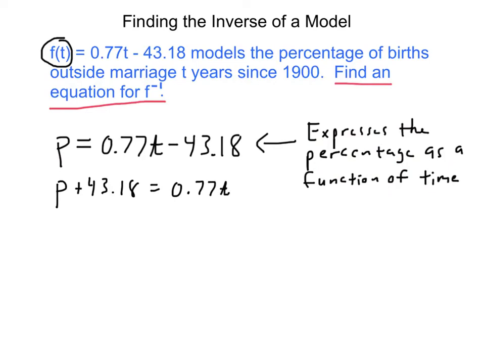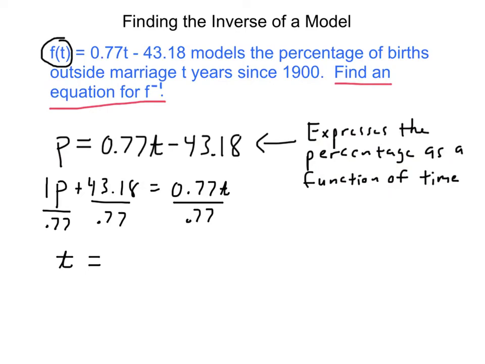And then we divide everything by 0.77 because we're trying to get the t to be alone. And when I write that down, I'm going to switch the sides of the equation and write the t first. So we end up with t equaling, and then we'd have 1 divided by 0.77, because this is really a 1p here.